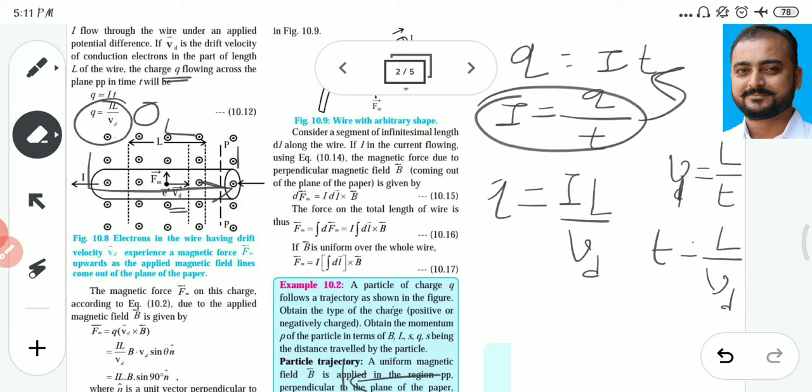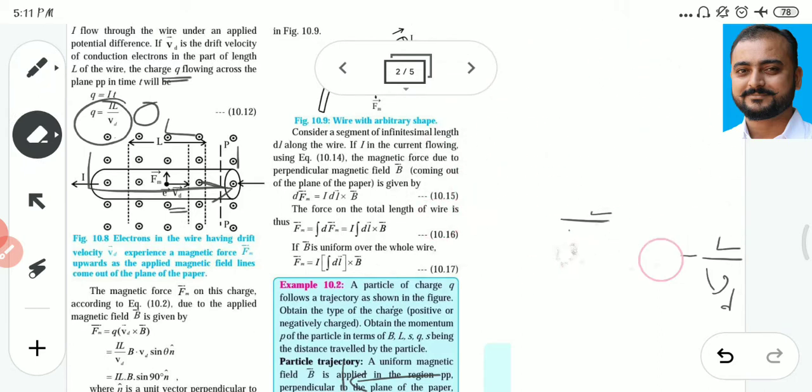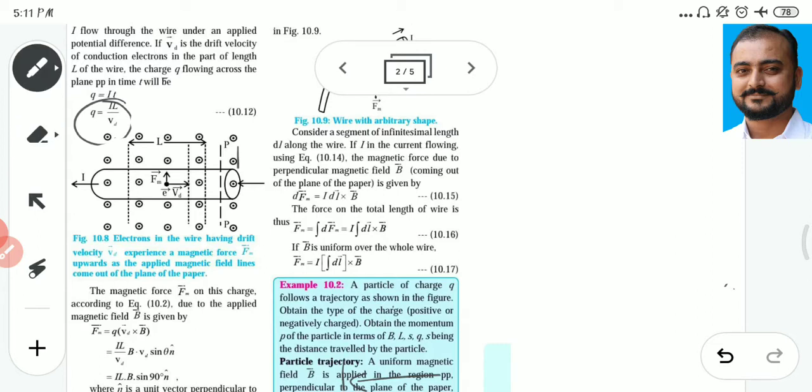Now after this, let me consider the force experienced by the charge. How much force is experienced by the charge due to the magnetic field can be given by applying Fleming's left hand rule. So according to the left hand rule, let's consider here the current is flowing in this direction. As the current is flowing in this direction, we choose the direction of flow of current using Fleming's left hand rule.